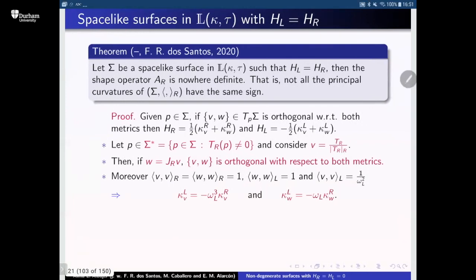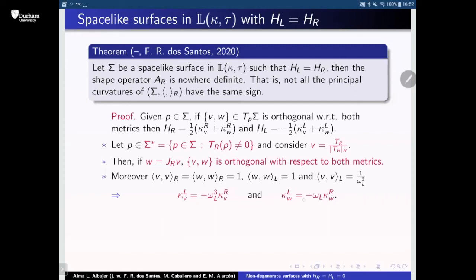So we can apply the last expression that relates the normal curvatures to these two directions, V and W, and we get this relation here. So for the normal direction with respect to V, if we consider both normal curvatures, they are going to have different sign.